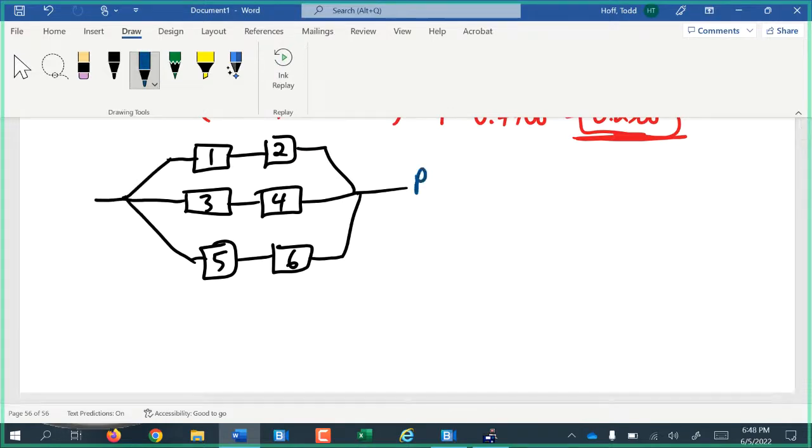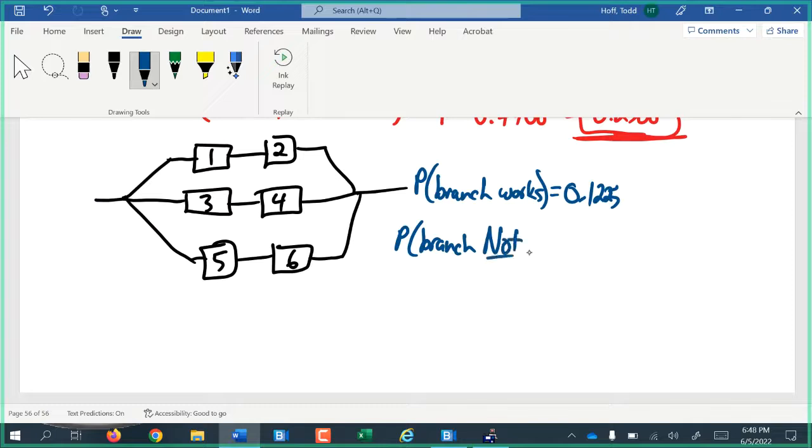So the probability that a branch works is 0.1225. Probability that a branch does not work is 0.8775.